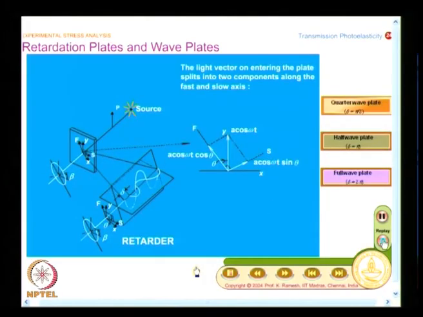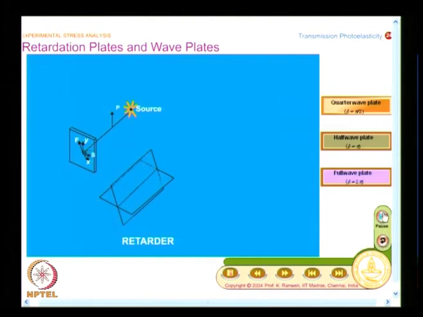What we will do is, we will see the animation again, and I will stop at intermediate stages, and you can verify your drawing as well as improve your understanding. So, what this shows is, I have a source of light, I have a plane polarizer, and after the plane polarizer I have plane polarized light that hits the crystal plate.